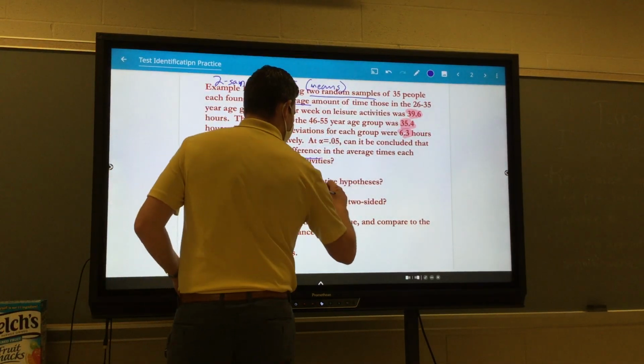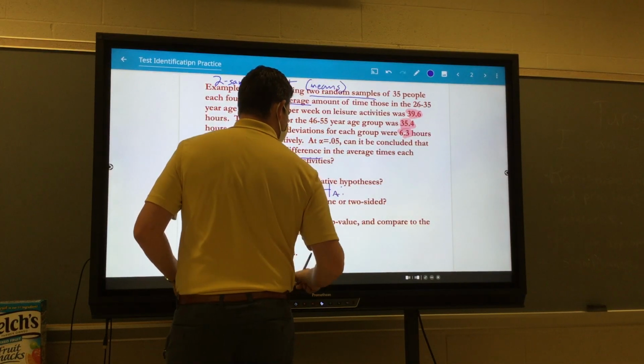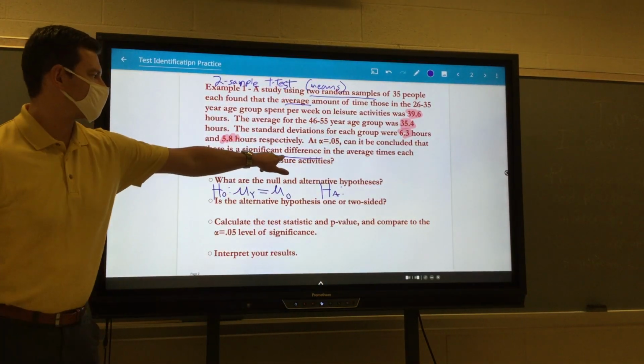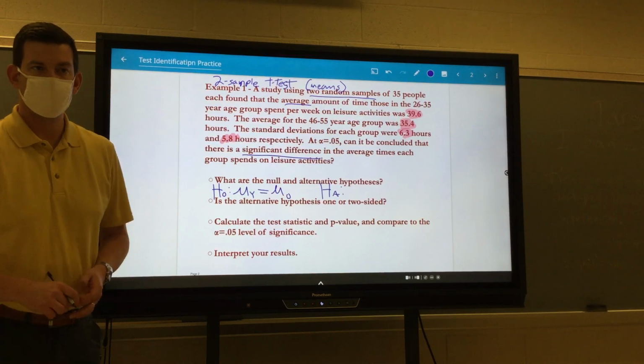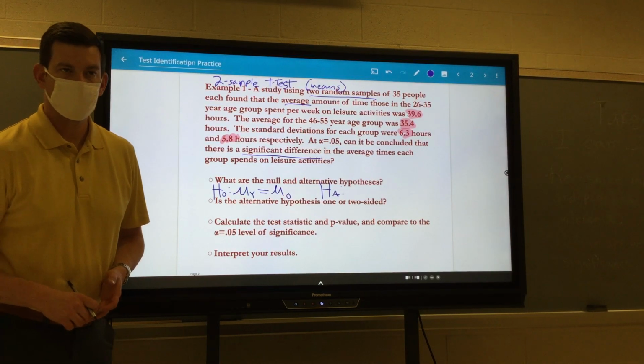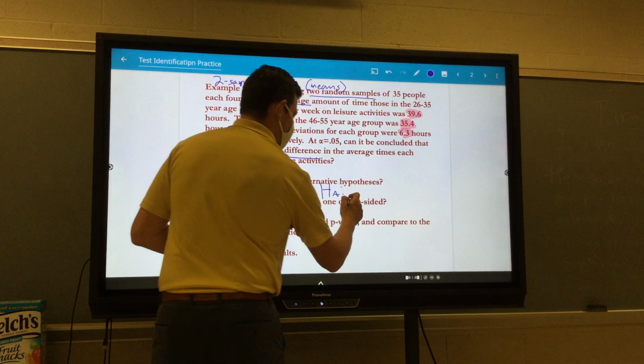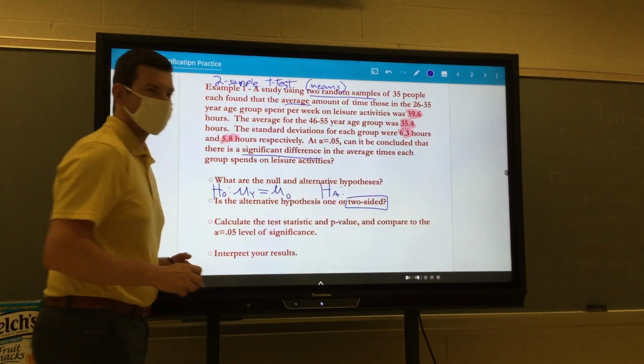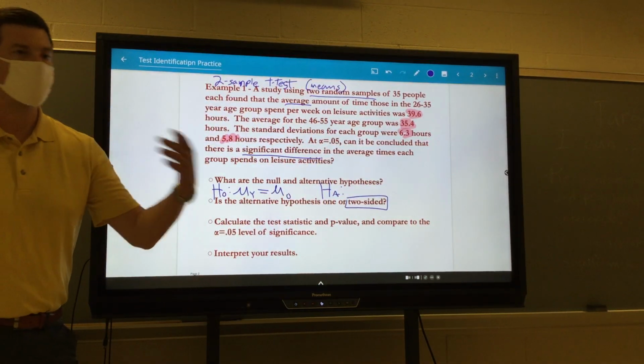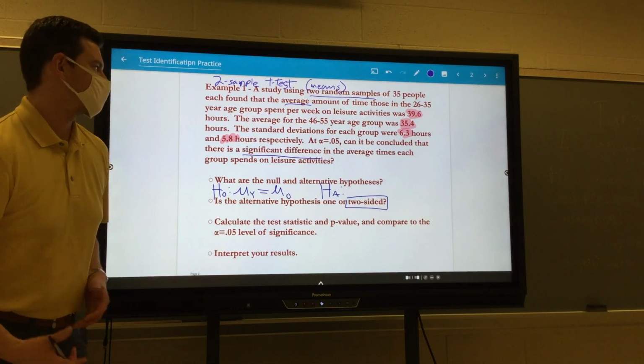The alternative hypothesis, we're testing to see if there's a significant difference. That is an implication of a two-sided alternative. It's not saying bigger or smaller, just different.